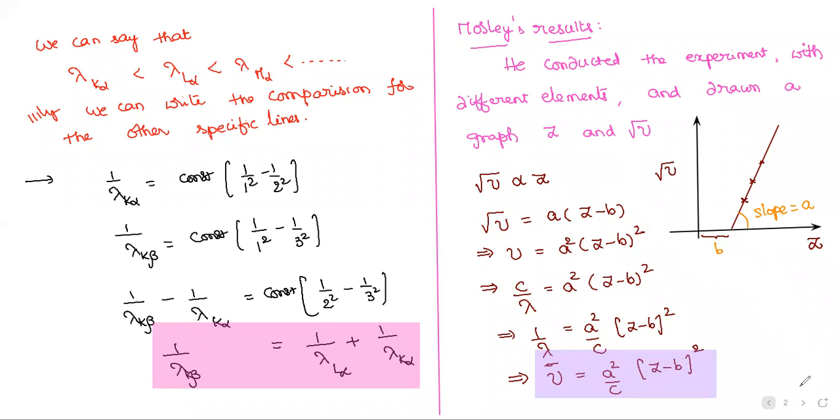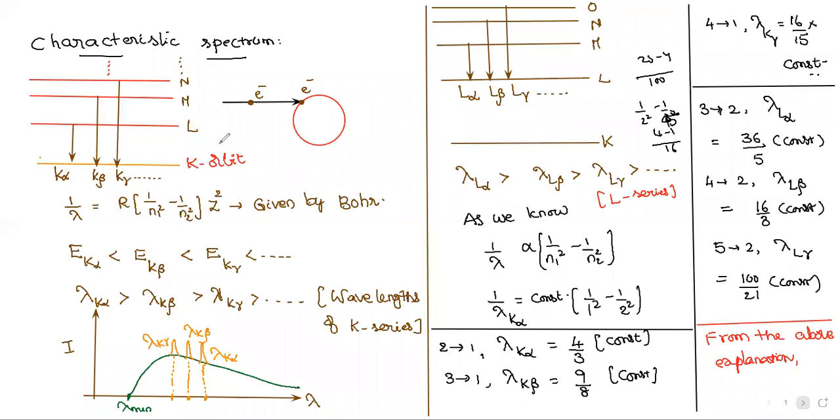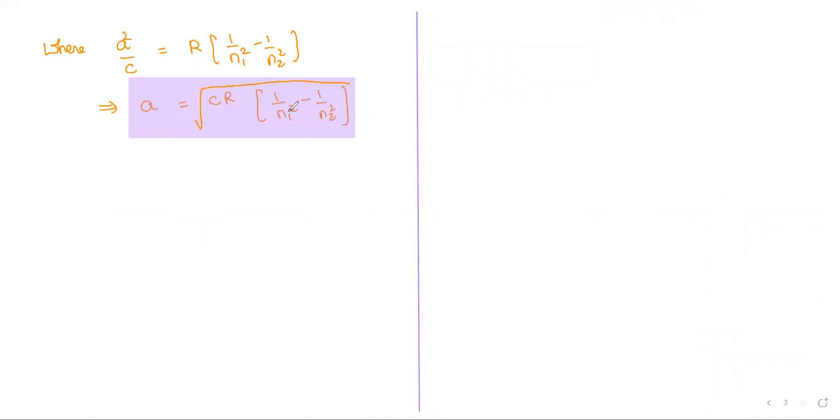And the slope a depends mainly on C and R constants, but also on the series: from line to line in any series, the slope will change. Why? Because N1 is constant for a particular series, but N2 changes, so line to line it will be different.